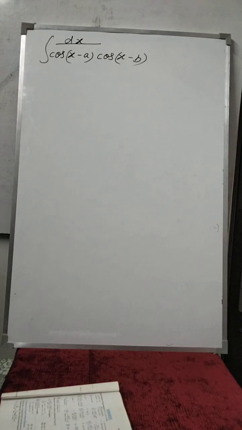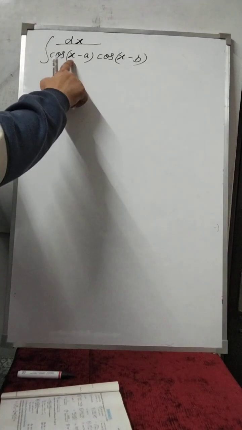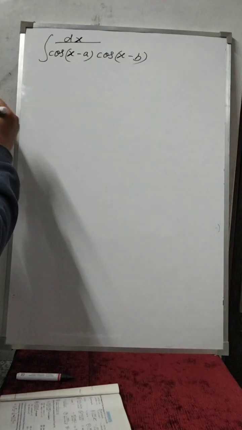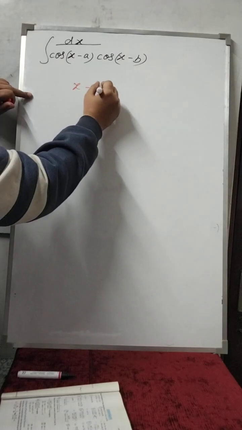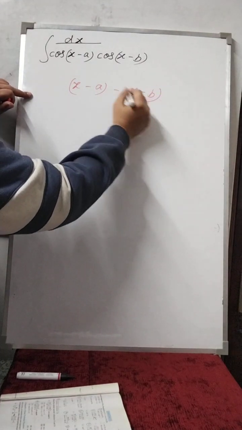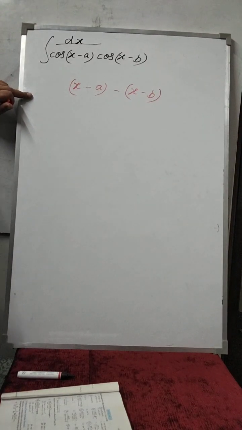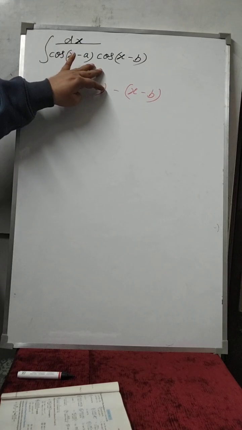Okay, so what I will do, I can see that this is x minus a and x minus b. So what I can do, I can write x minus a minus x minus b. Can I write it like this? In the numerator, I am not touching the denominator, friends.